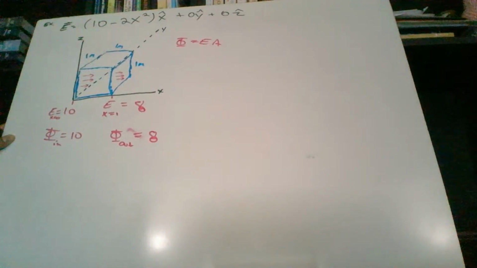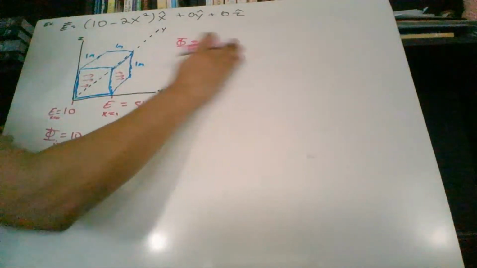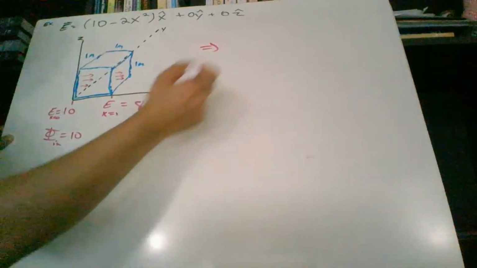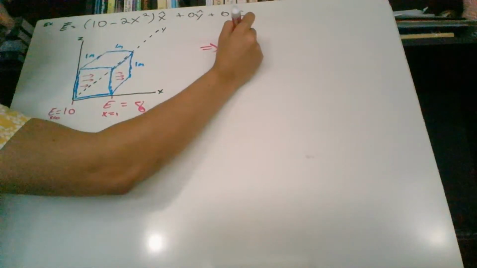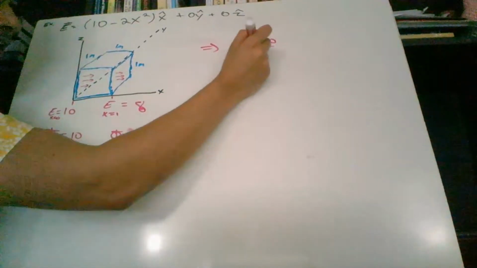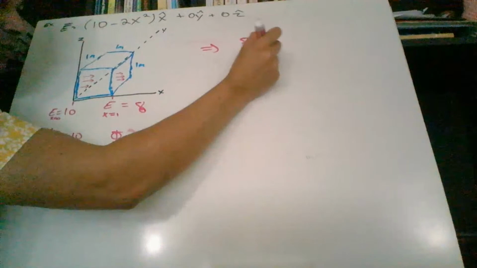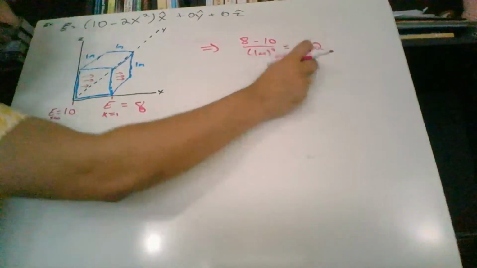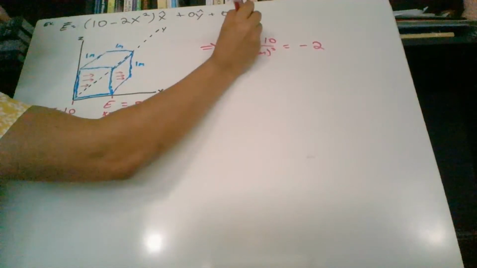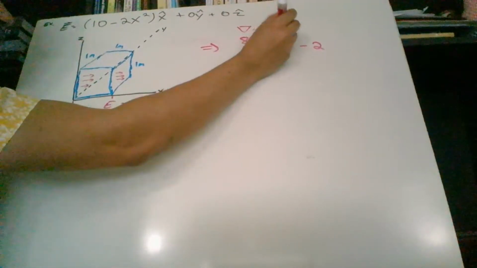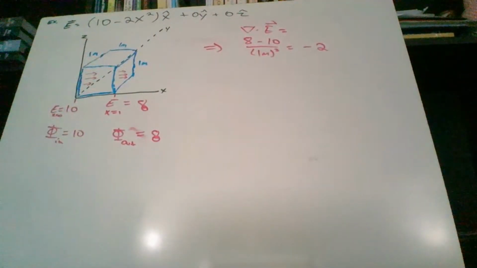All right, so if I use the equation I just showed you before, the flux out minus the flux in, we get 8 minus 10 divided by 1 meter cubed, which is -2. So that is the divergence for this.